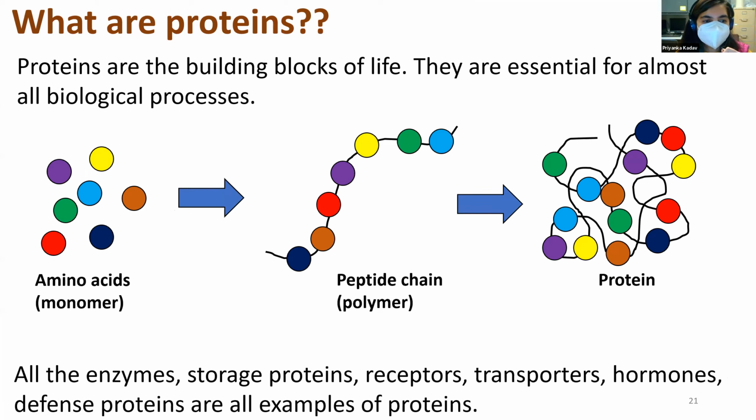And these amino acids, when they link together, form a peptide chain, a polymer. These peptide chains further fold to form several conformations, which make up the entire protein. So all the enzymes, storage proteins, receptors, transporters, hormones, defense proteins are all examples of proteins.